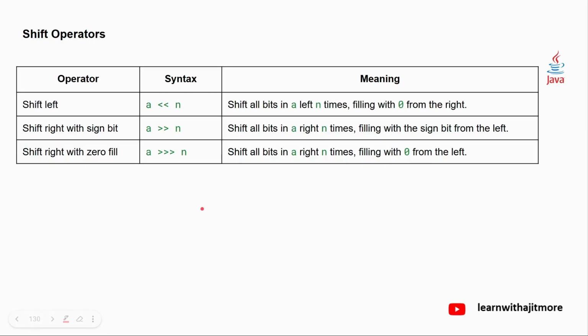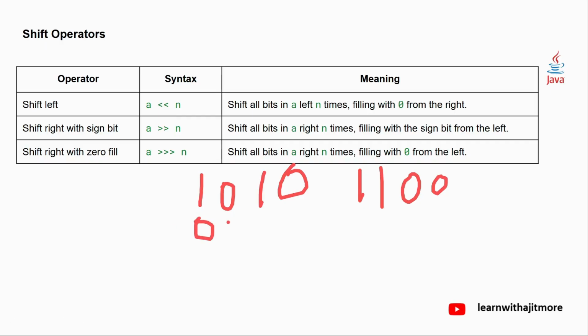Just now I told you, suppose your A is 1 1 0 0, something like that. This is your A, and suppose I'm shifting one time. So this 1 will go out, and the remaining bits move left.